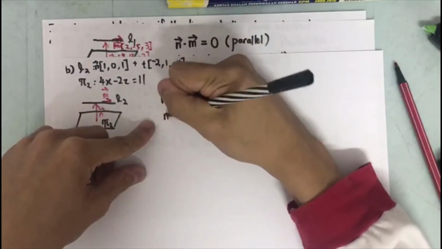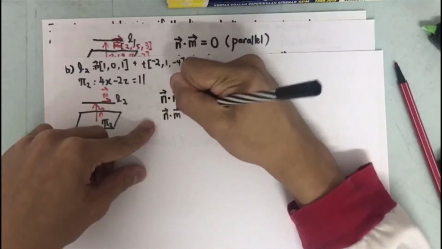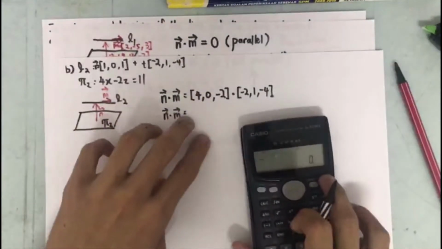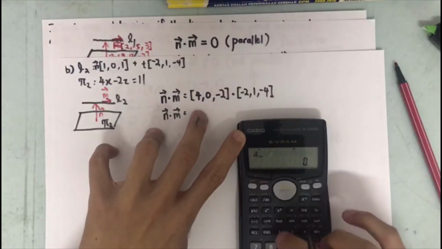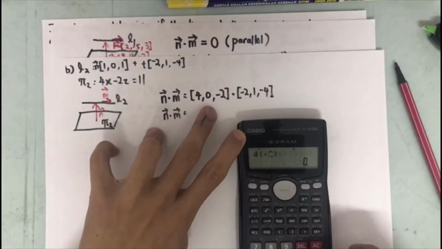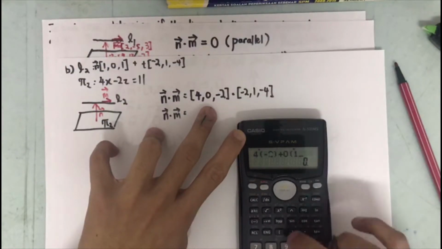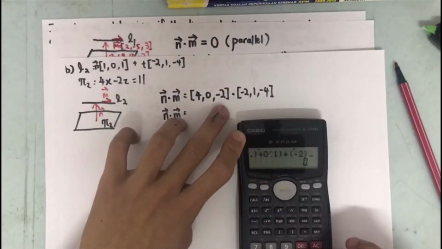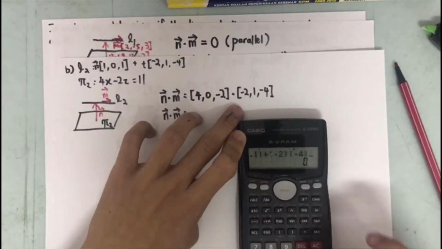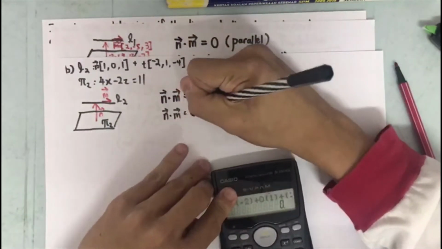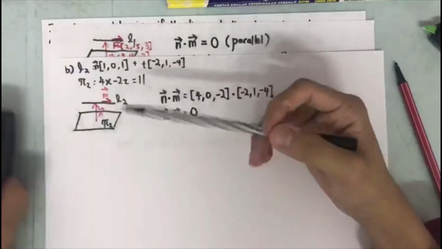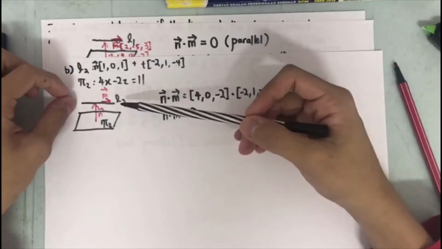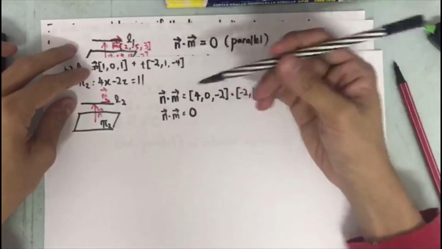And we can check what's the dot product. -2 times -4, 0. Therefore, the plane is really parallel to the line.